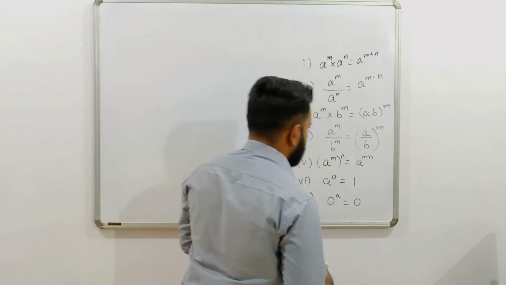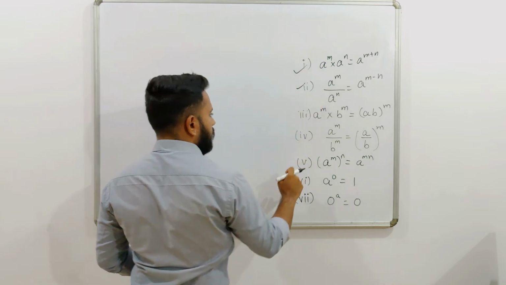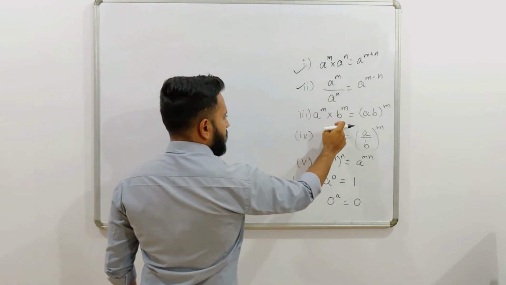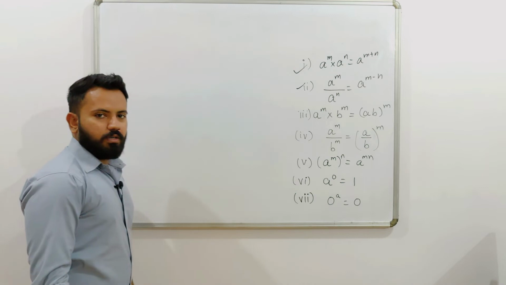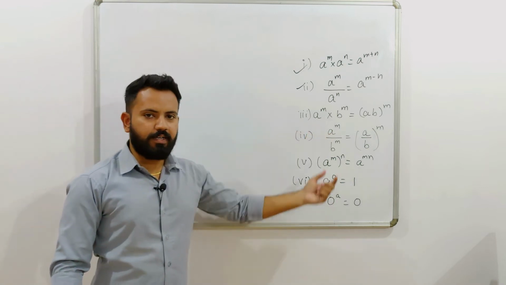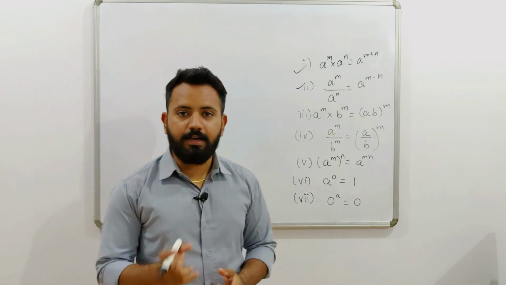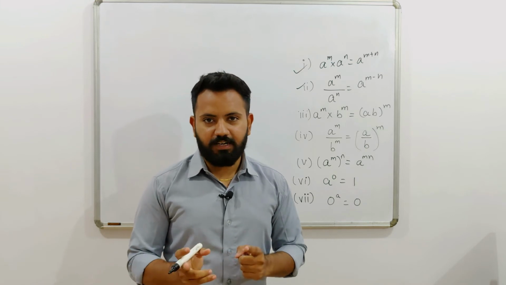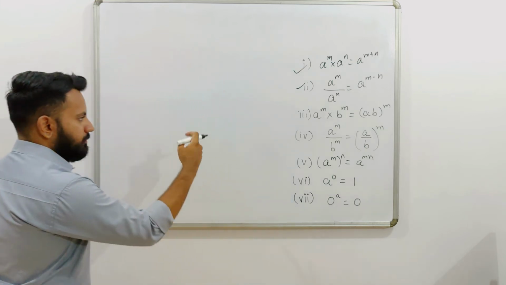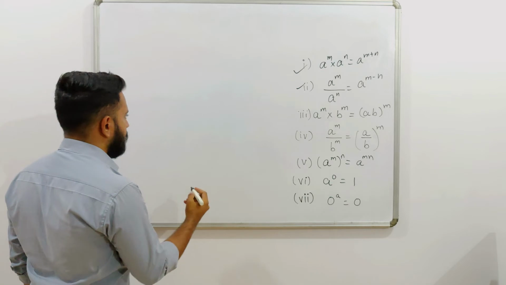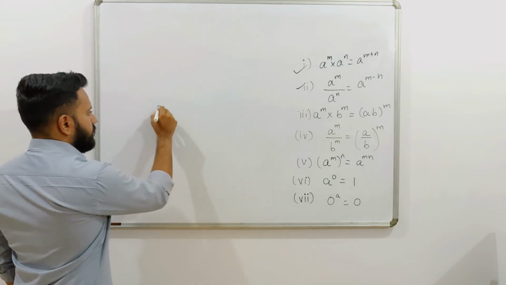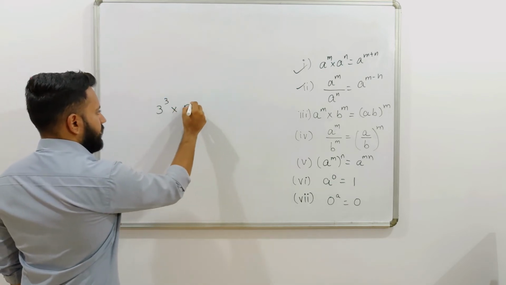So we have seen the first and the second law. The third law is a^m into b^m is (ab)^m. What does this law say? If the two exponents are in multiplication and their power is the same but the bases are different, what will happen is their bases will get multiplied with a common power. Means, for example, 3³ into 5³.